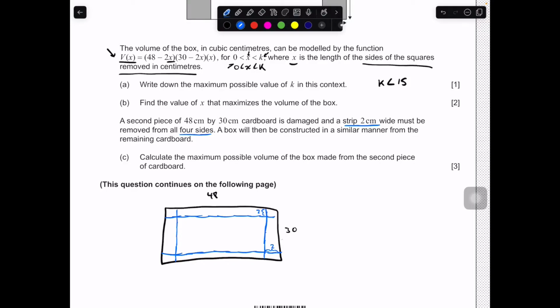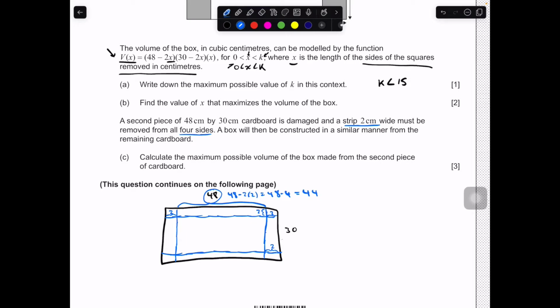So let's just look at this 48 dimension first. If this is 2 centimeters and this is 2 centimeters, then overall this new dimension right here is going to be 48 minus two 2 centimeter strips. It's going to be 48 minus 4, or 44 centimeters.